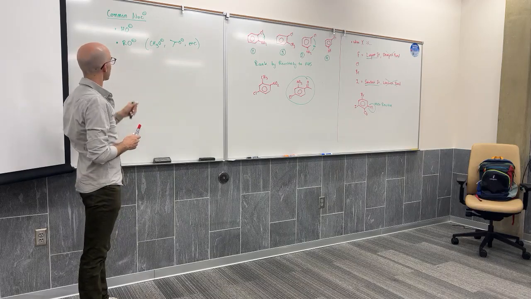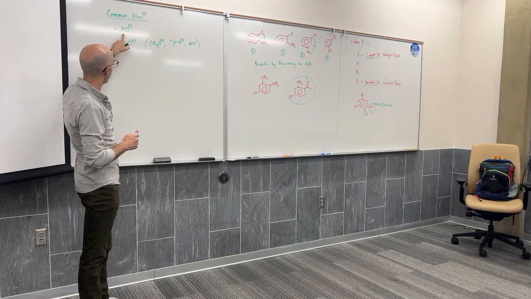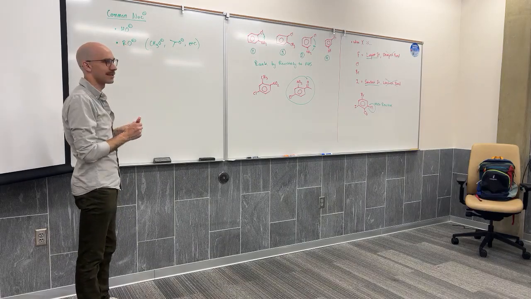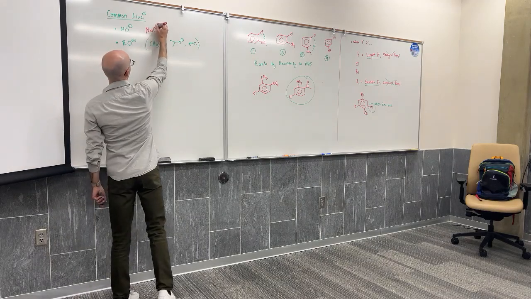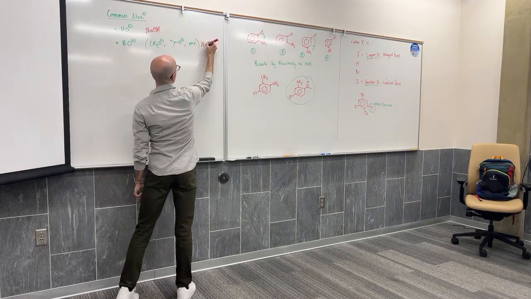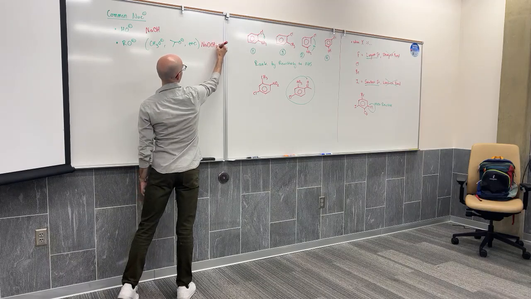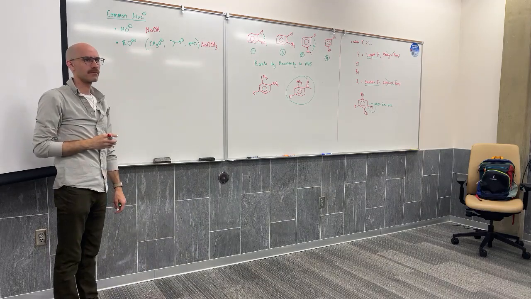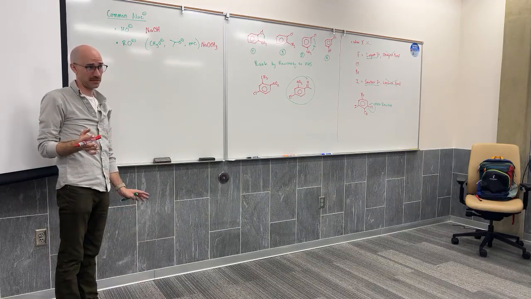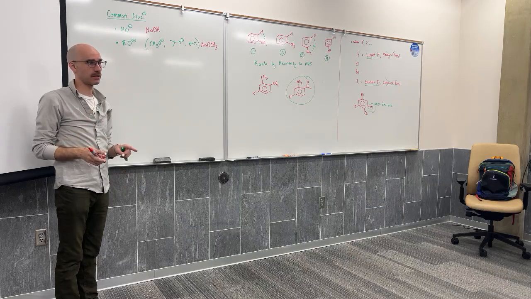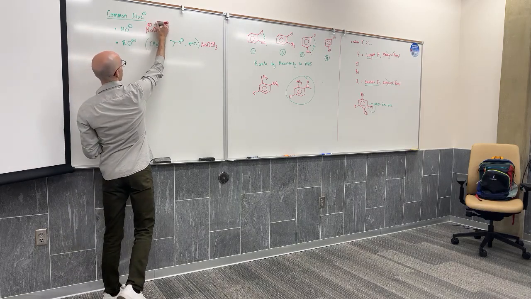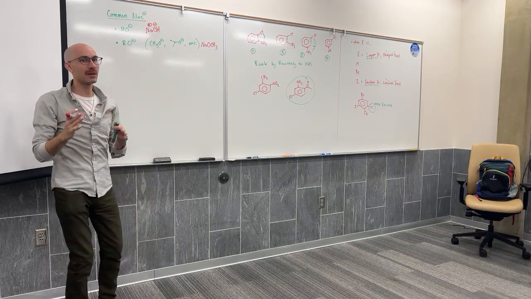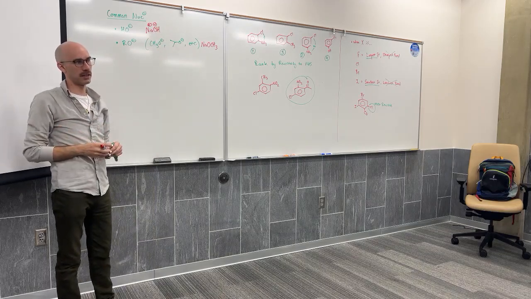I do want to say some students get confused because I'll put the reagents up here like this, but then you see them on the reaction arrow like this. Those are the same thing. They do look different, but you're seeing sodium, which is a positive ion, which implies that you're dealing with hydroxide.